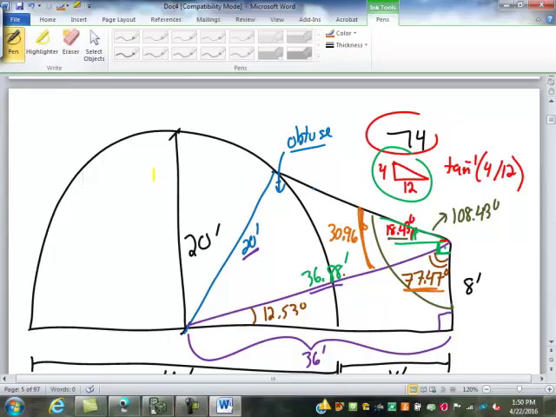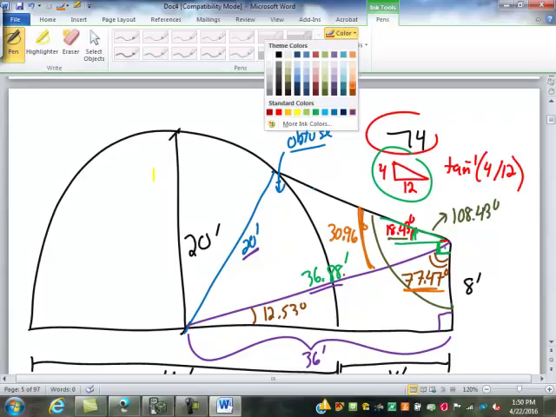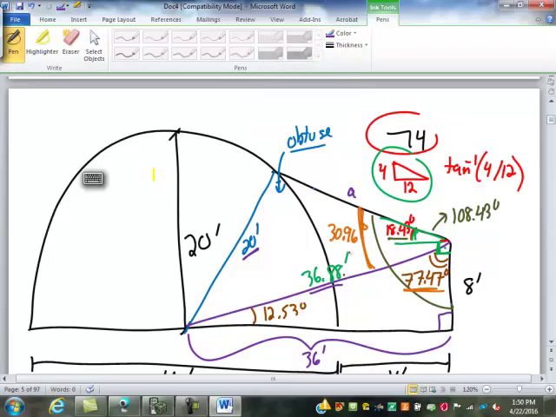Now that I know that that's 30.96, we have a law of sines situation here, don't we? I'll call this side over here little a.